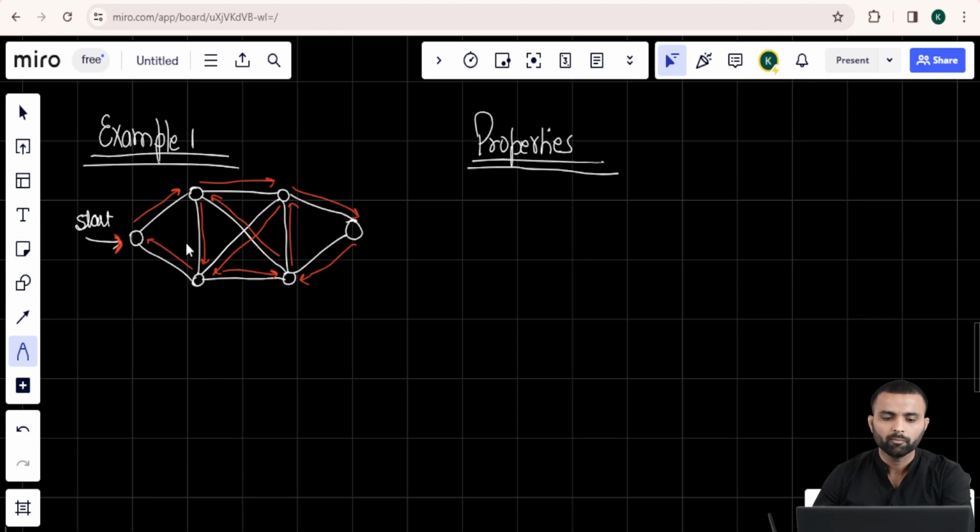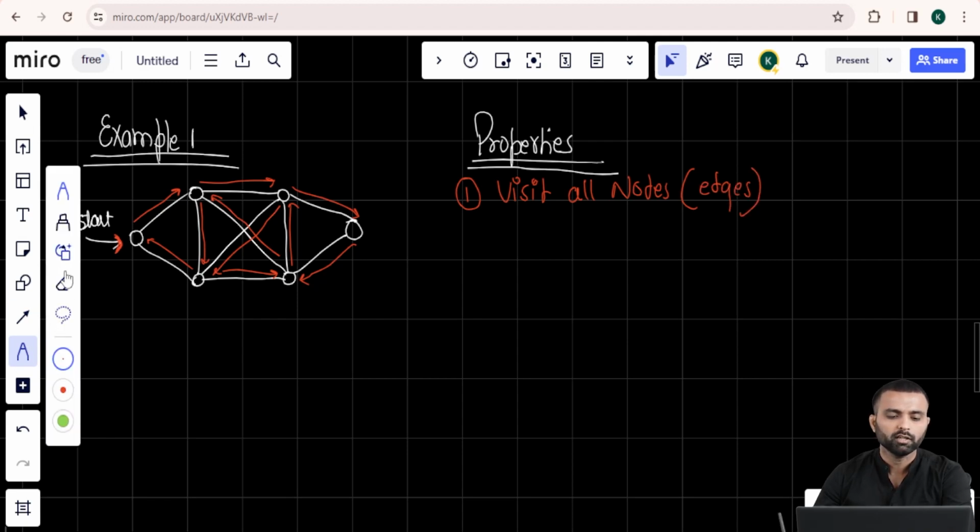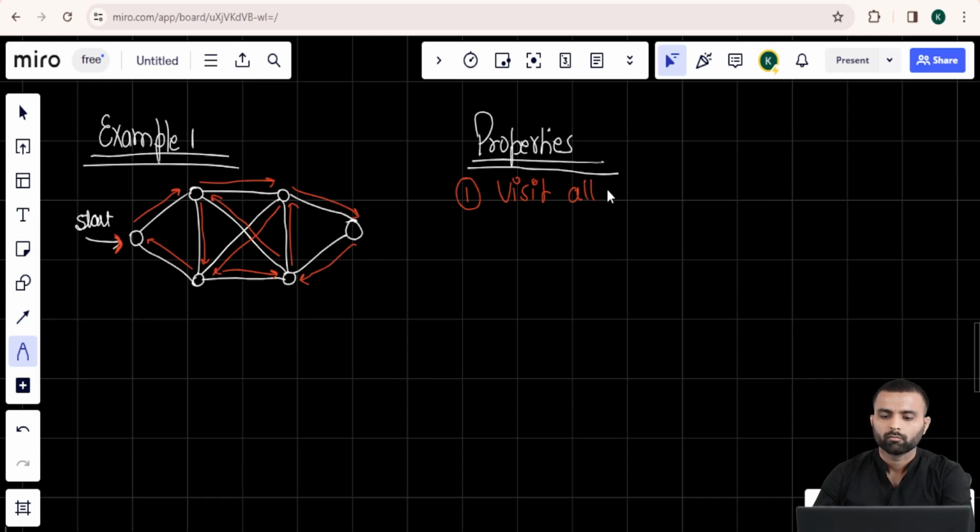If you look clearly, the first property in this cycle is that I visit all edges. It's not the nodes, it's the edges, so let me write here: all edges. The second point is that we have to visit each edge only once.